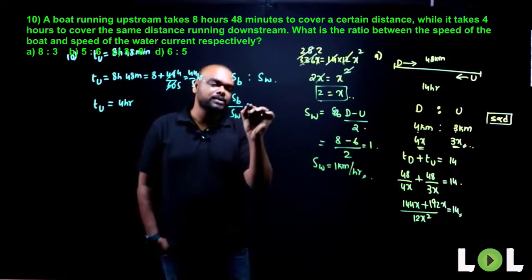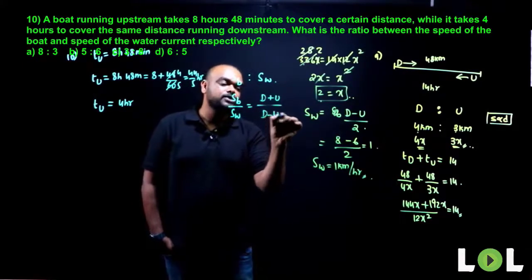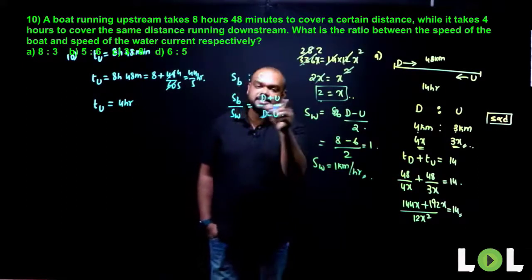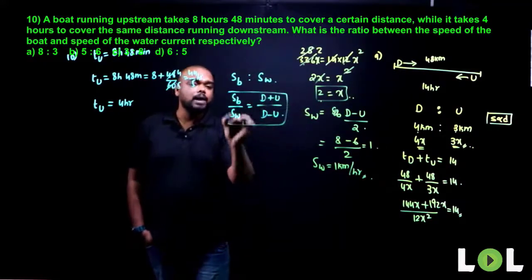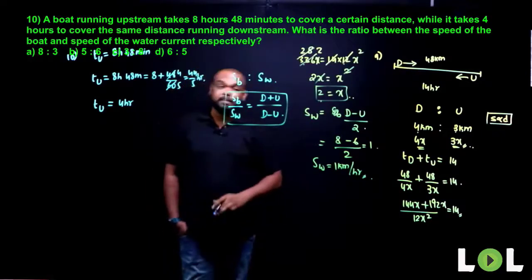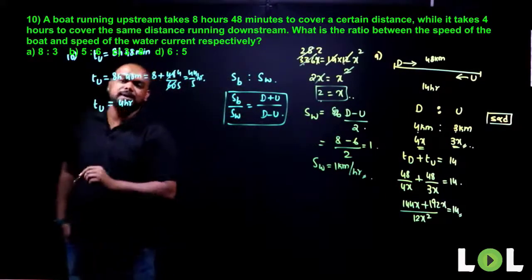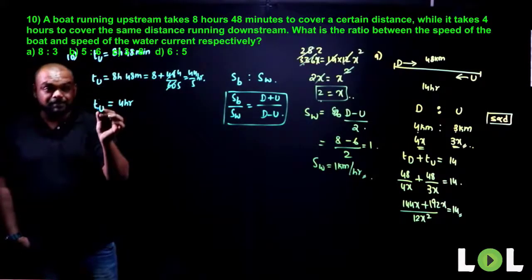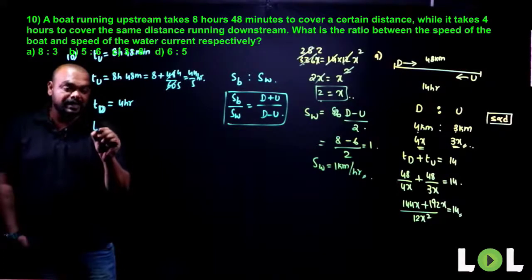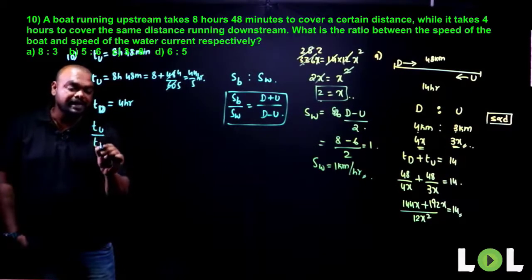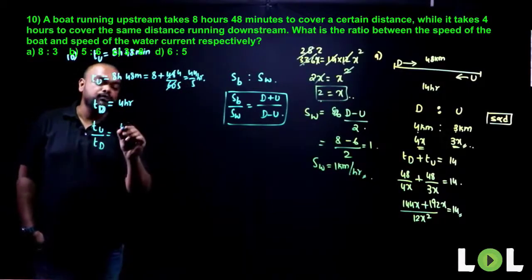SB by SW is equal to (D plus U) divided by (D minus U). Why? This is (D plus U) by 2 and this is (D minus U) by 2. 2 get cancelled and this is the formula. So I can use this directly here. But do we have D and U? No. But we have time taken during upstream and time taken during downstream. So if I take the ratio TU divided by TD, what is TU value? 44 by 5.